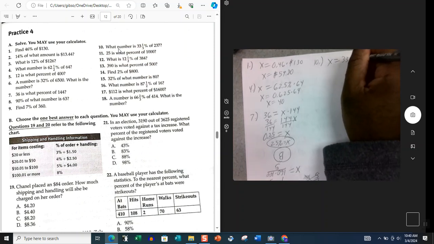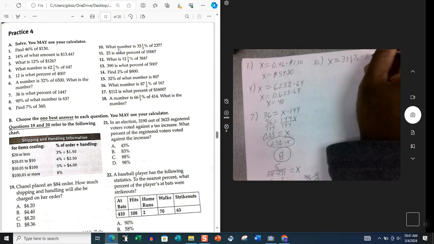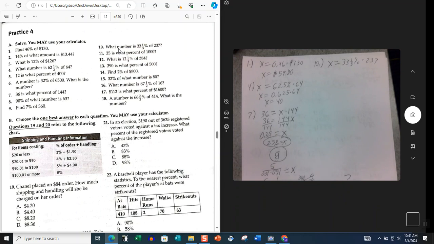We had 33 1/3%. Of means multiplication, 237. Now, in previous problems, they told us that 33 1/3% is the same thing as the fraction 1/3. But unless you remember that, you're not going to know that it's 1/3. So we would need to put this in our calculator. And what we could do is this here. Let's pull this up.